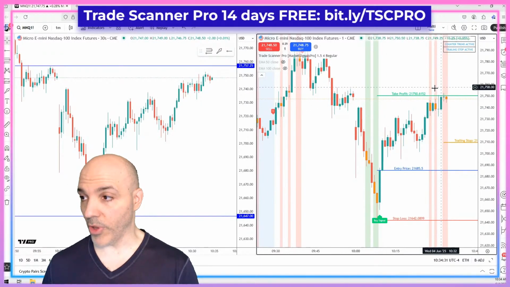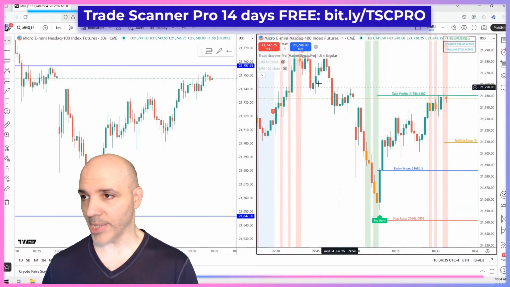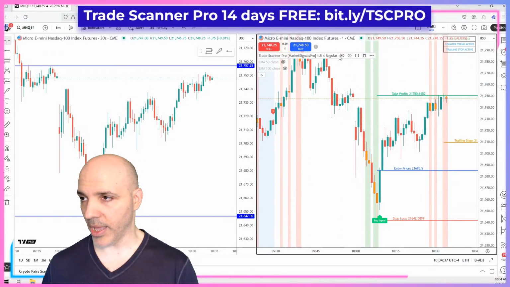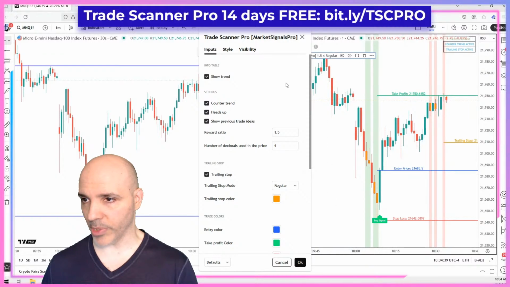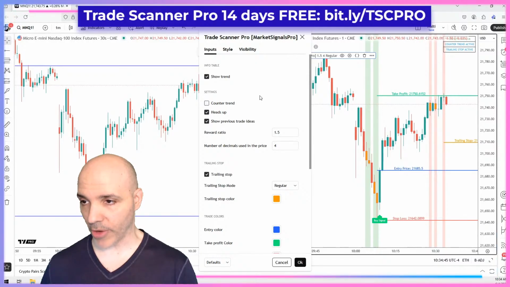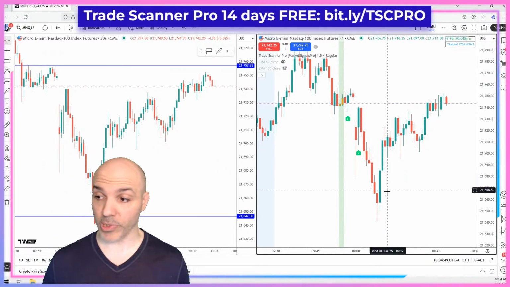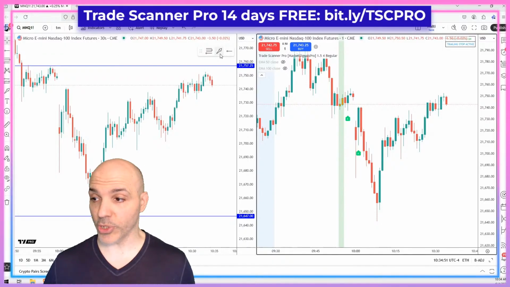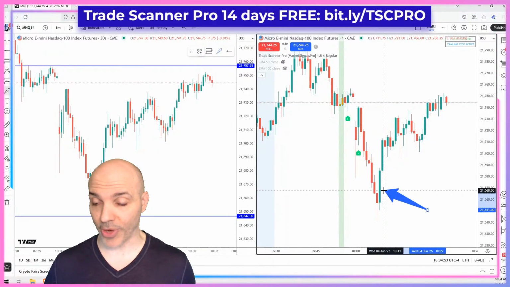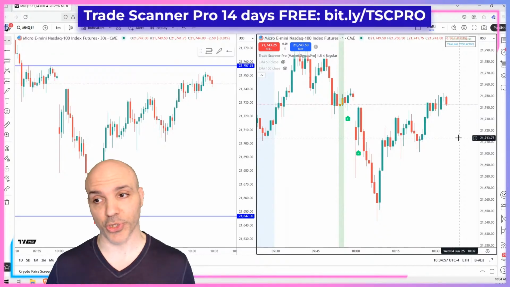So now notice we're getting these red columns here on the 1 minute chart. That's a heads up on the counter trend mode because remember the trend mode has changed on the 1 minute chart. So now I need to turn counter trend off. And the trade goes away because the original trade was a counter trend trade because at the time the momentum on this time frame was bearish, right?